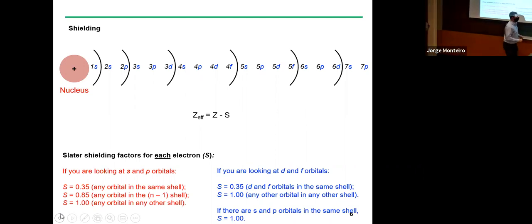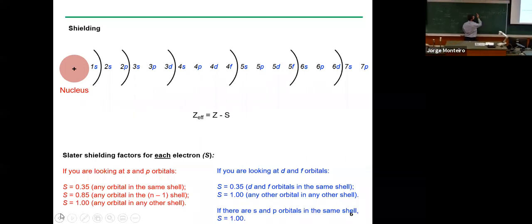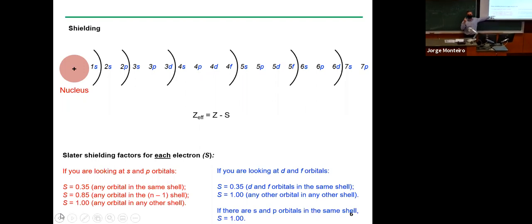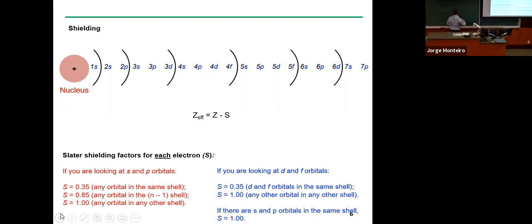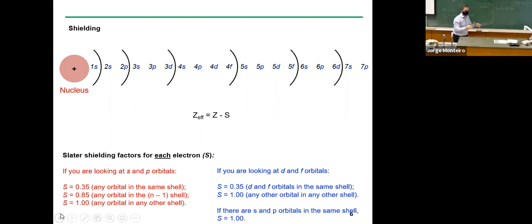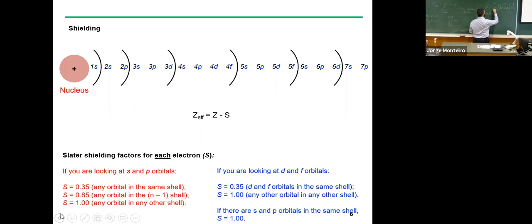Okay? So we are looking at the third shell. The second shell is the one right in front of it, and everything after that is going to shield with 1 unit for each electron. We have 2 here. Each one shields with a unit. Okay, so that's how we are going to start building this Slater factor.